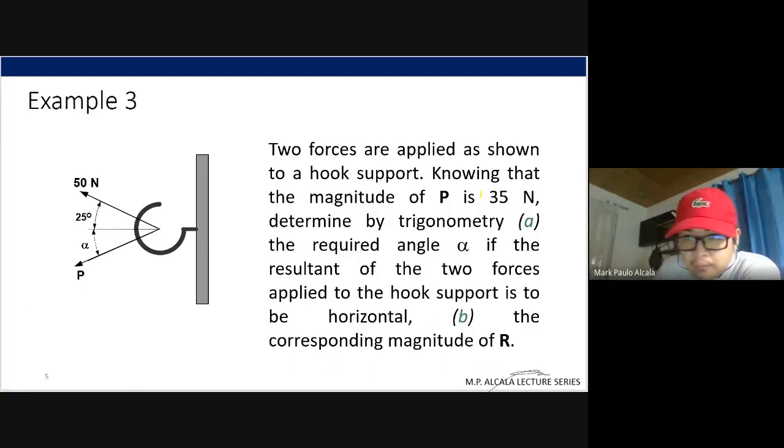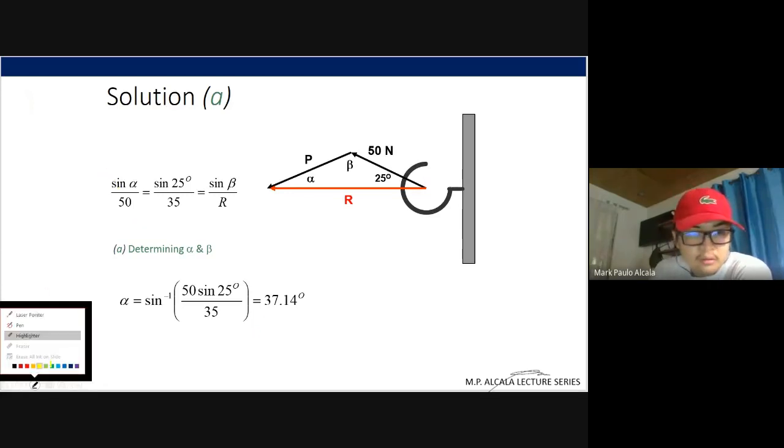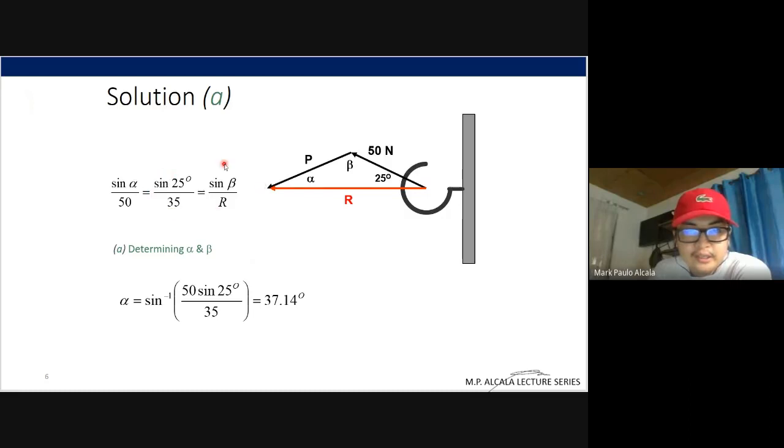This one. P is 35 newtons. So determining alpha and beta is easily identifiable. This one is already one equation, and this one is the second equation.